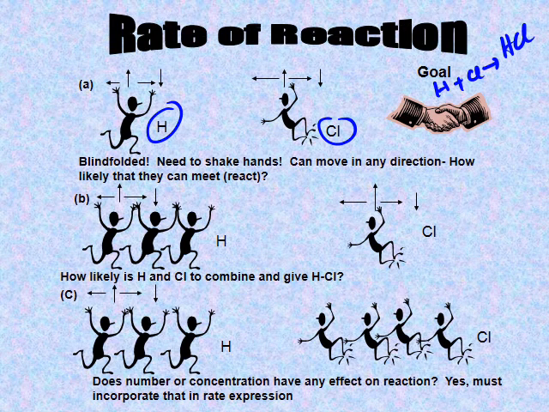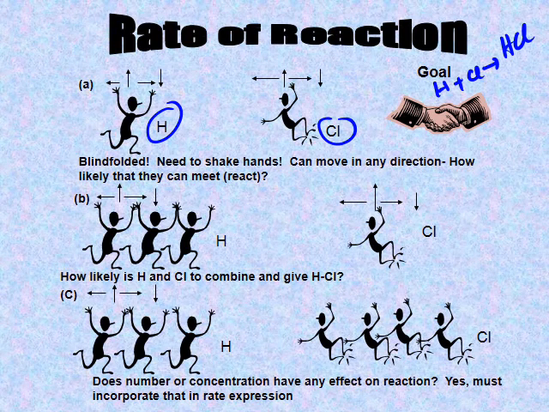HCl cannot form unless they come close to each other. Now think about how likely it is, with one hydrogen and one Cl in a box. In a box of fairly decent size, they can come close to each other so that they can make a bond and give you the product HCl.